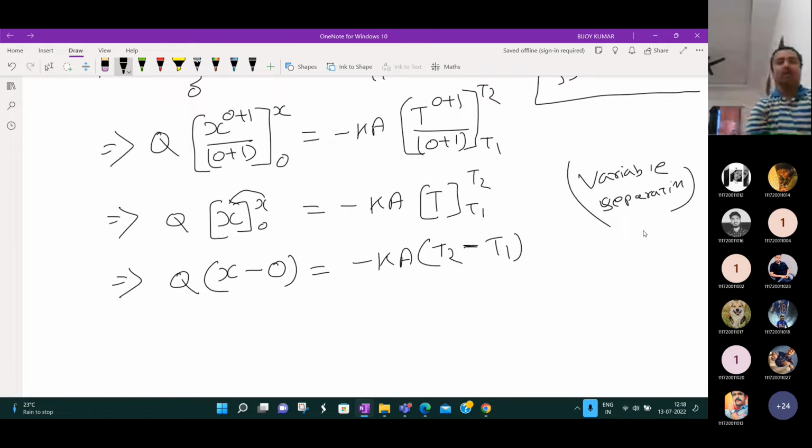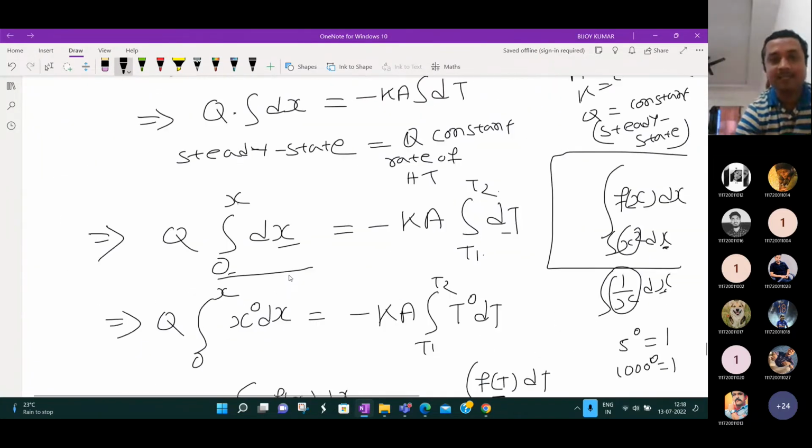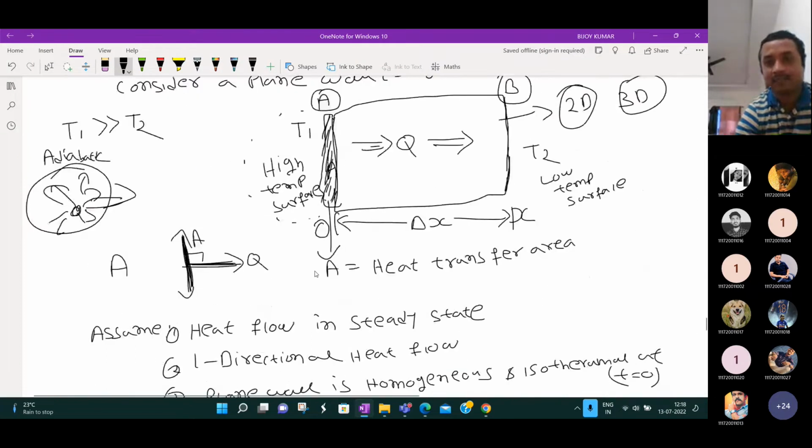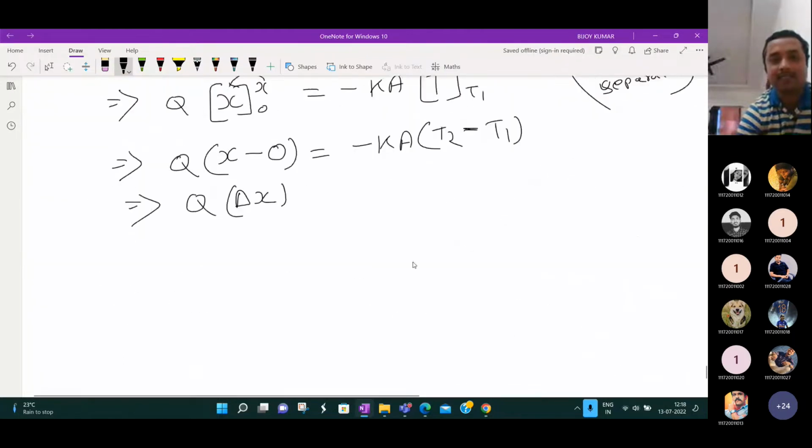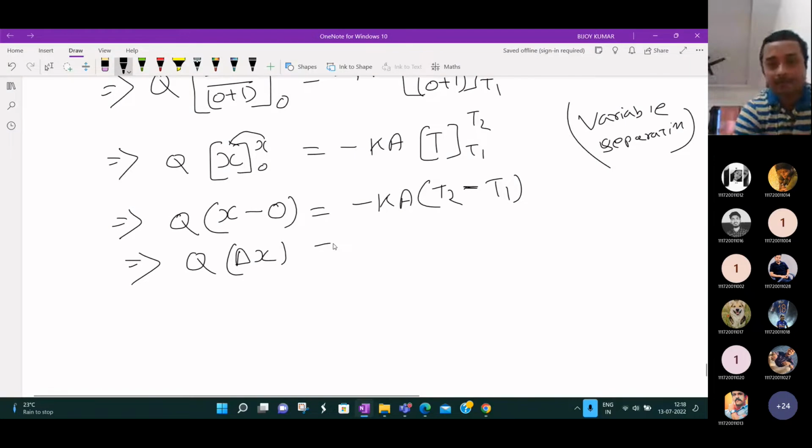Okay, kindly listen. Then what we can write? We can write Q into this x minus 0. Can I write delta x? Or you can say change in the length. X minus 0 is what? This x minus 0 is delta x, change in the length. Okay, delta x equal to Ka.